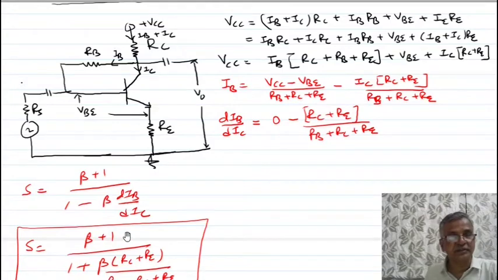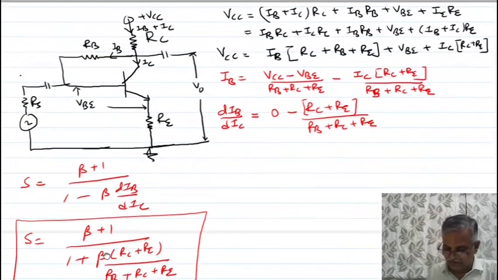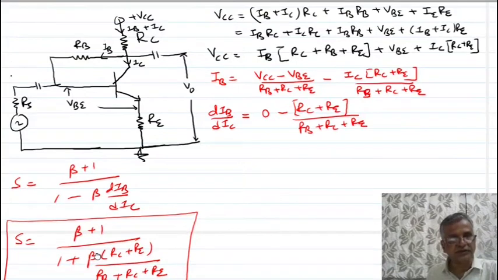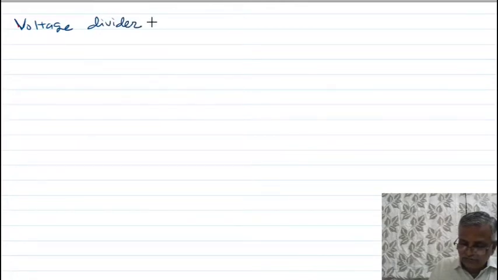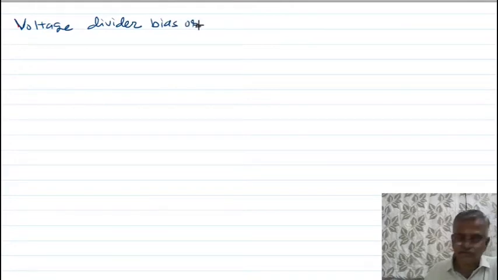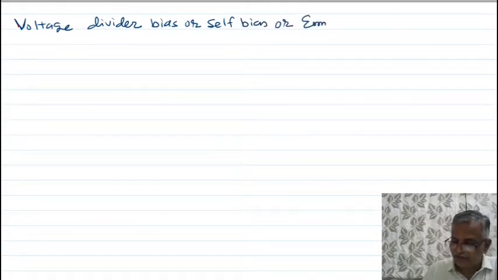First I have explained stability action. In the second part I have derived the equation of stability factor. Now I am discussing another circuit, the voltage divider bias circuit. It is also called potential divider, or self bias, or emitter bias.